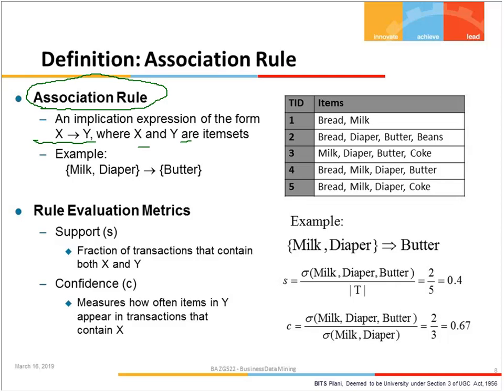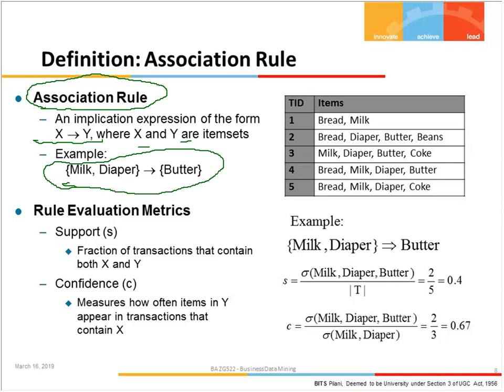We can take an example: milk and diaper imply butter. In a way we are saying that if a person buys milk and diaper, the person is also likely to buy butter. Again, we need to express based on the data set's study in some metrics so that we can express the goodness of this rule.